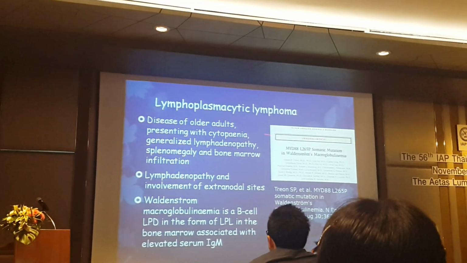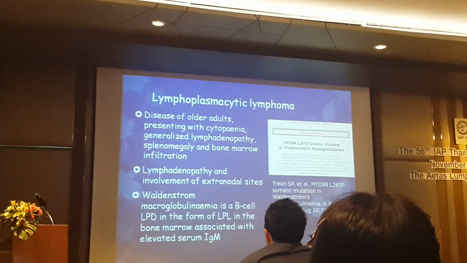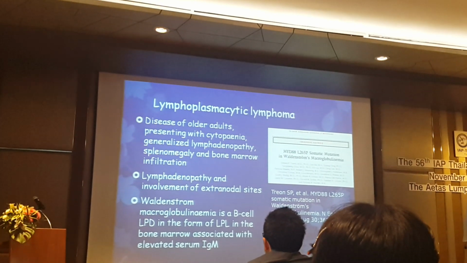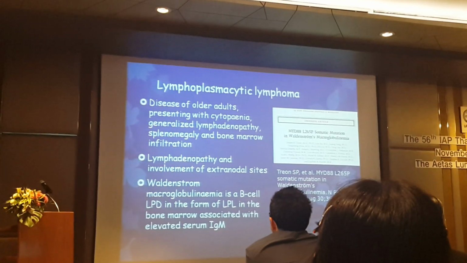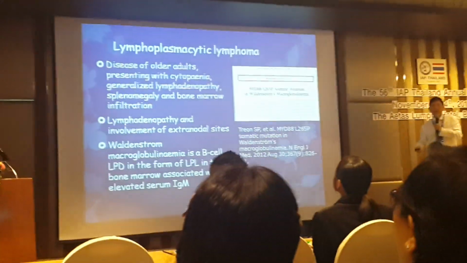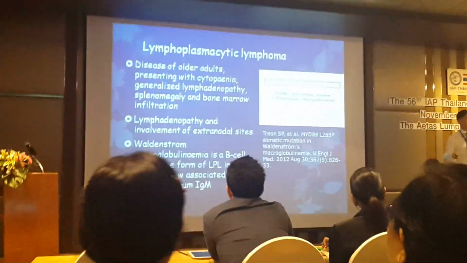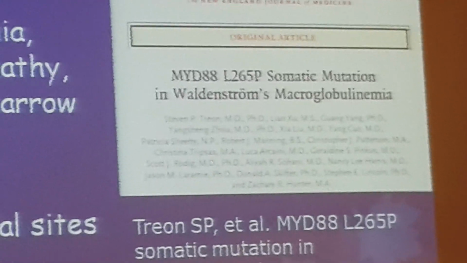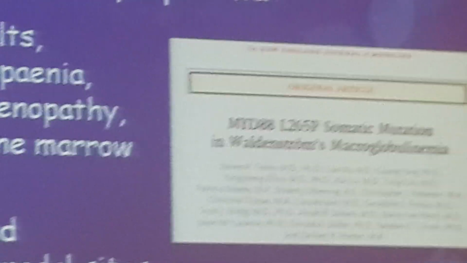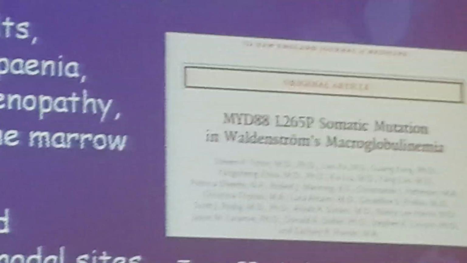But what has been discovered in recent years, of course, is the finding of this particular mutation, the MYD88 mutation, in more than 90% of LPL. This can be quite useful because, as histopathologists, sometimes we struggle. Is this an LPL, or is it a marginal zone lymphoma with plasmacytic differentiation? Or is it IgM myeloma?